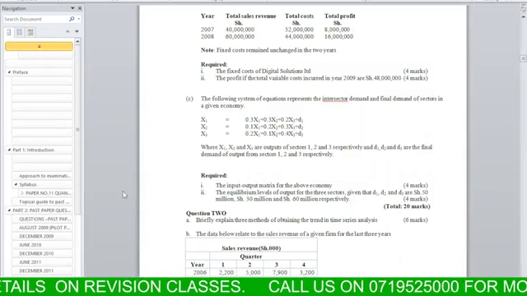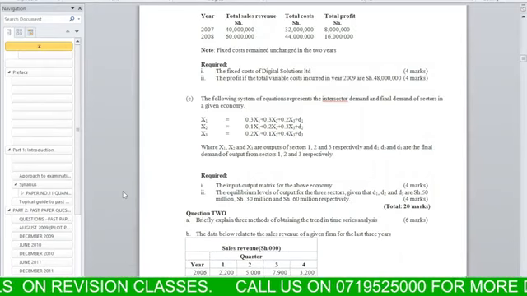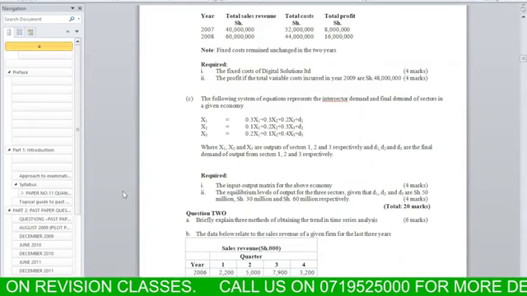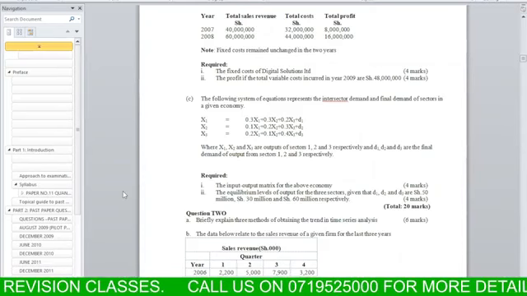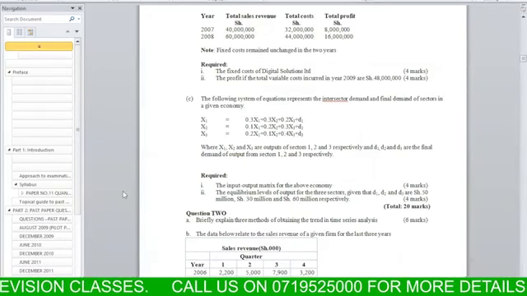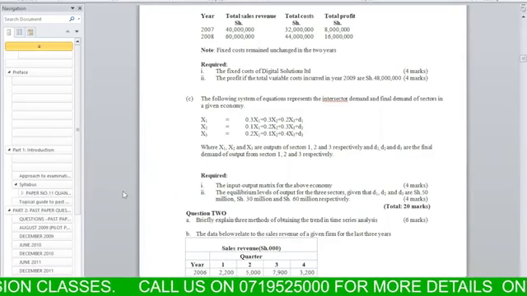Then equation number 2, we have 0.1x1 plus 0.2x2 plus 0.3x3 plus D2.